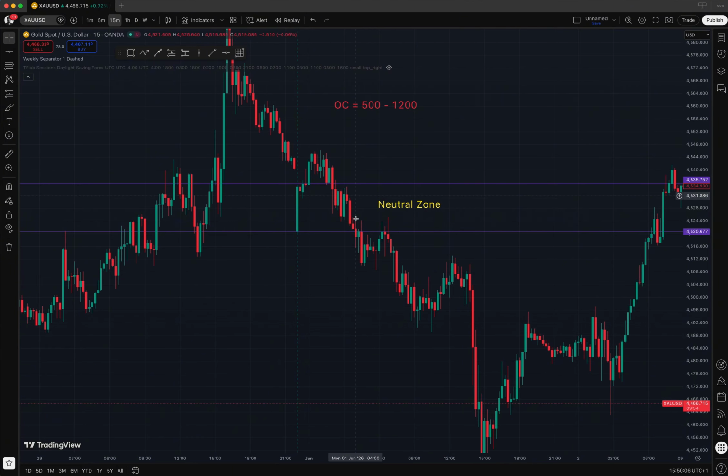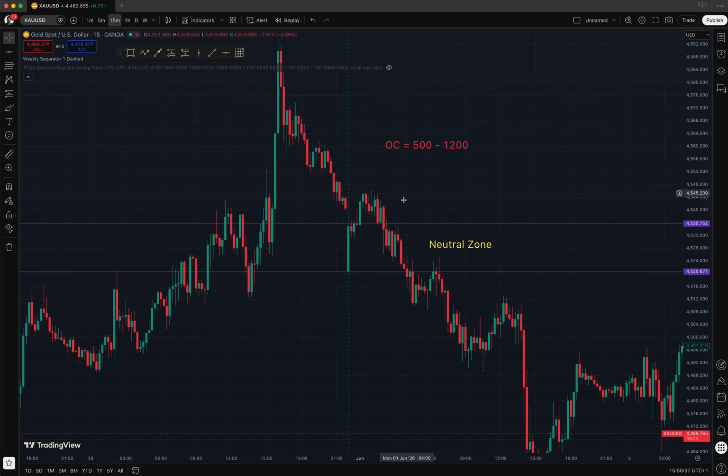I only open a trade when any candle closes outside it, either above or below. In this case, this was really tight, so one candle closed above it. Now it's really far from my channel, so the entry is not ideal. It's not a good entry. So sometimes it will happen like this. It's really high volatility.